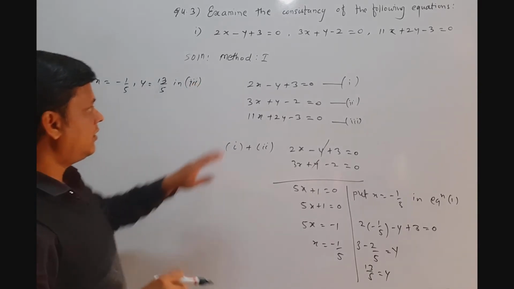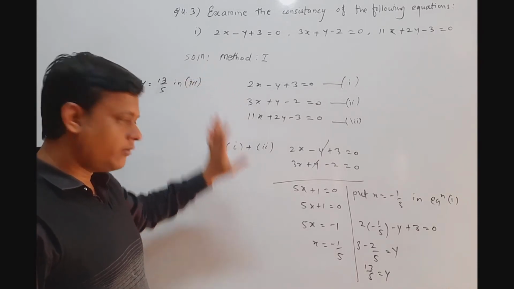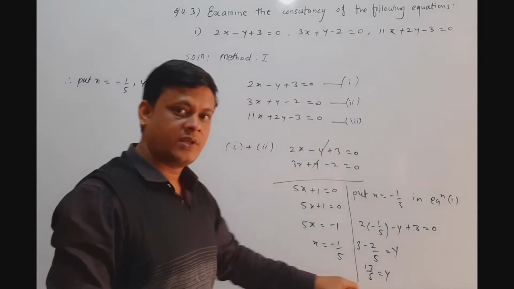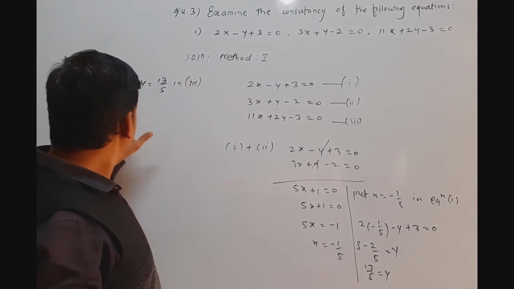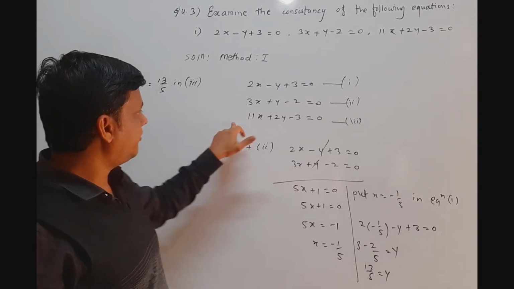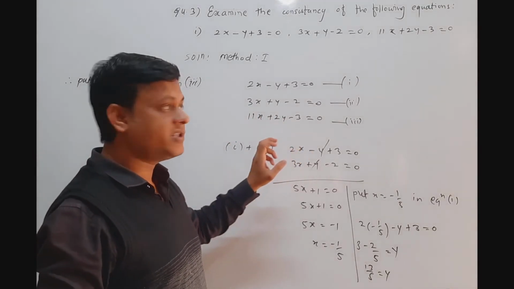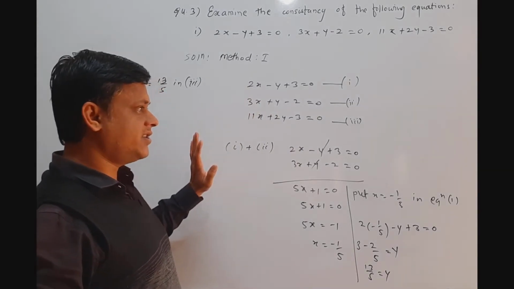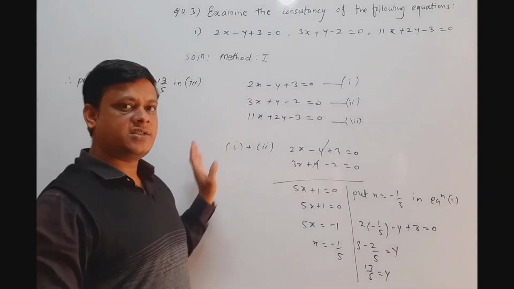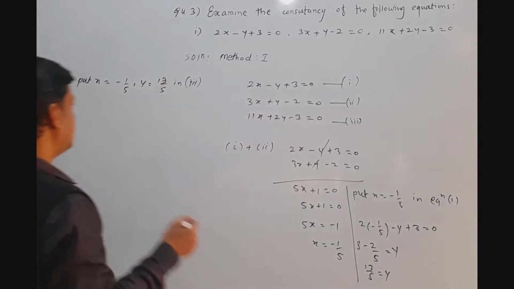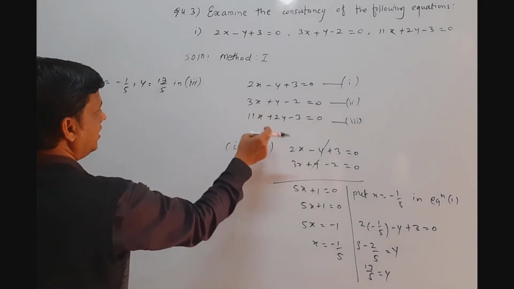Because we solved the first and second equations, from that we calculated the values of x and y, and we check for the values of x and y. If equation 3 is satisfied, then we say these three equations are consistent. If not satisfied, then these equations are not consistent. So substitute in equation 3.